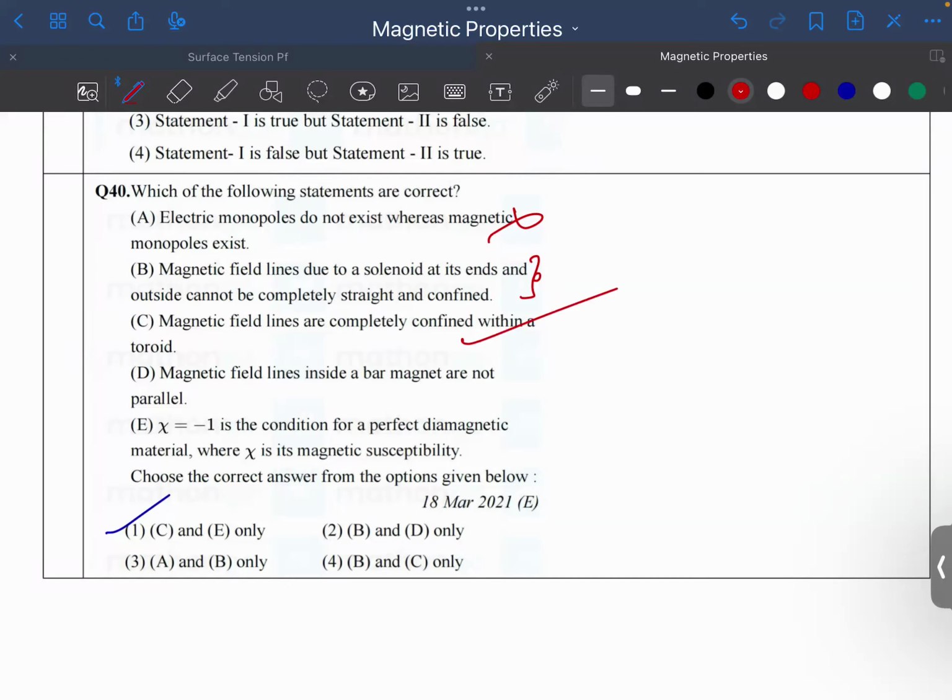Magnetic field lines inside a bar magnet are not parallel. This is also a doubt.